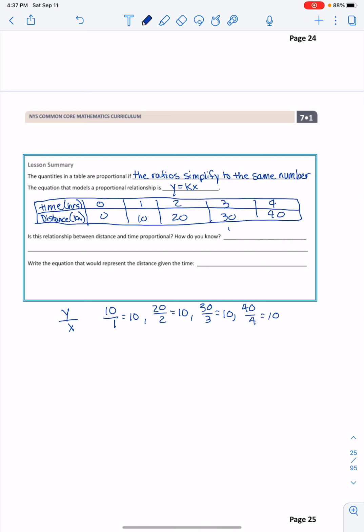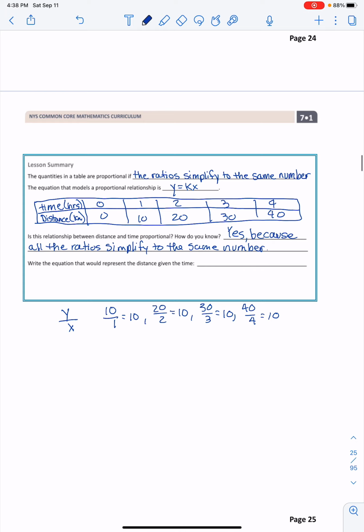So the answer is yes, because all the ratios simplify to the same number.